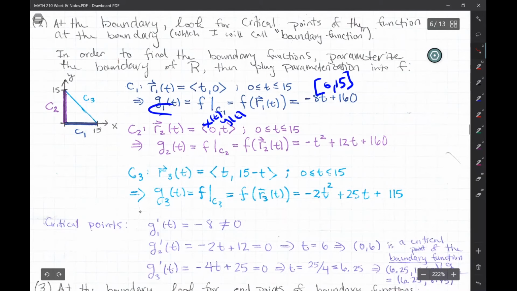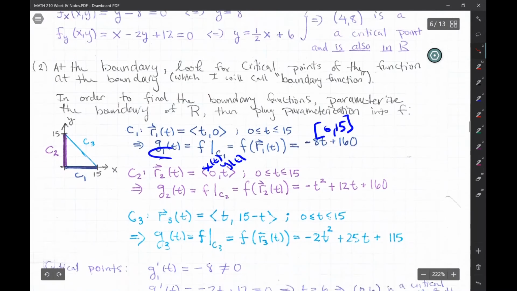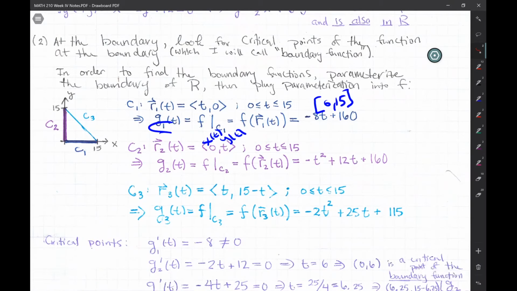And finally, the trickiest one of these is probably C3. Okay, and here we're going to just let x equal t. And if x equals t, what does y have to be in order to stay on that line? If x equals t, y better equal 15 minus t, right? Because the boundary is 15 minus x, and if x is t, then y better be 15 minus t.